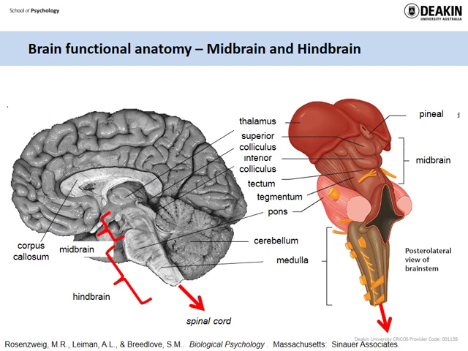The most complex component of the hindbrain, and it's visible on the photo on the left, is the cerebellum. The cerebellum is a very old region of the brain, but it's actually very, very sophisticated. It has many roles, but it's primarily concerned with the coordination of movements. If you have damage to the cerebellum, cerebellar deficits, it results in clumsy, imprecise movements, slurring of speech, things of that sort.